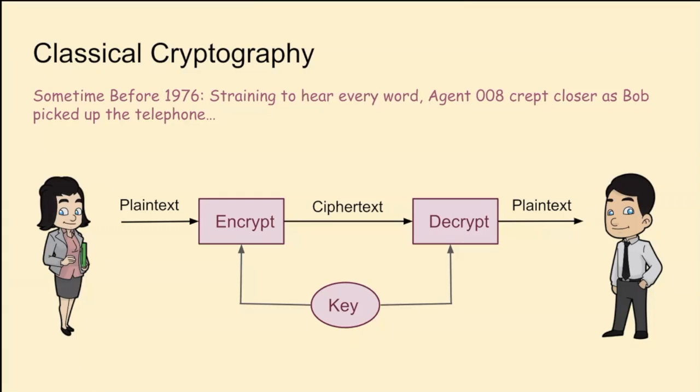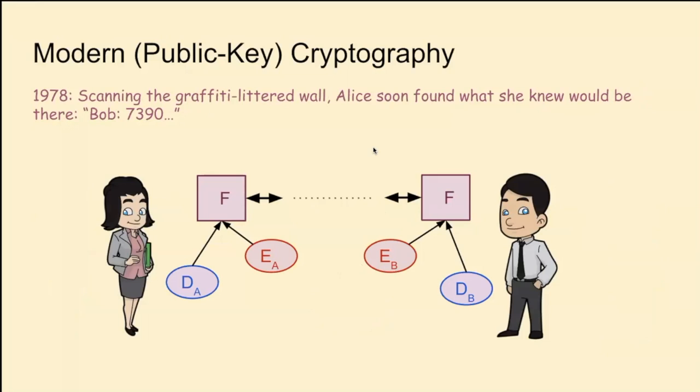So classical cryptography was subject to threats where spies or eavesdroppers would try to steal keys one way or another. And then, as I said, between 1976 and 1978, everything changed because mathematicians invented something called public key cryptography.